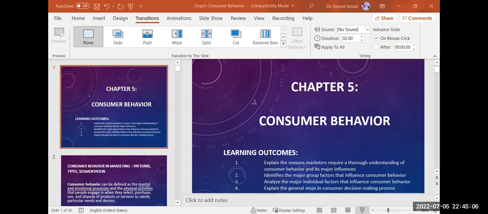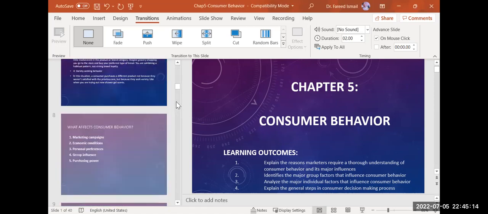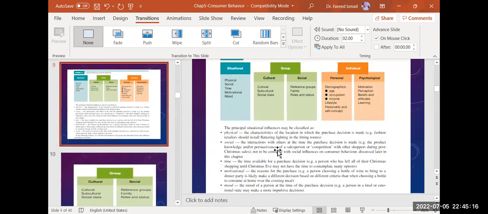Now let us look into the first part, the situational. What does the situational reflect? There are five items that I put under situational factors: physical, social, time, motivational, and mood.